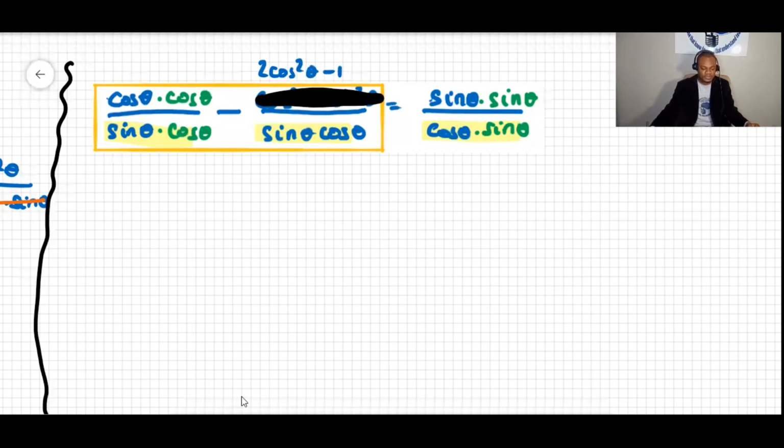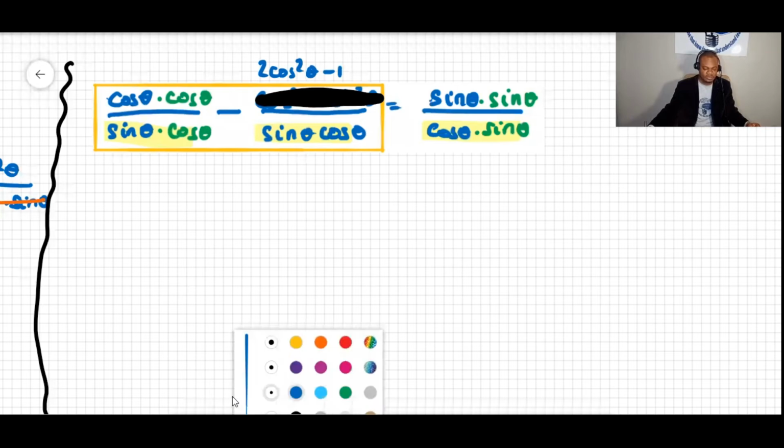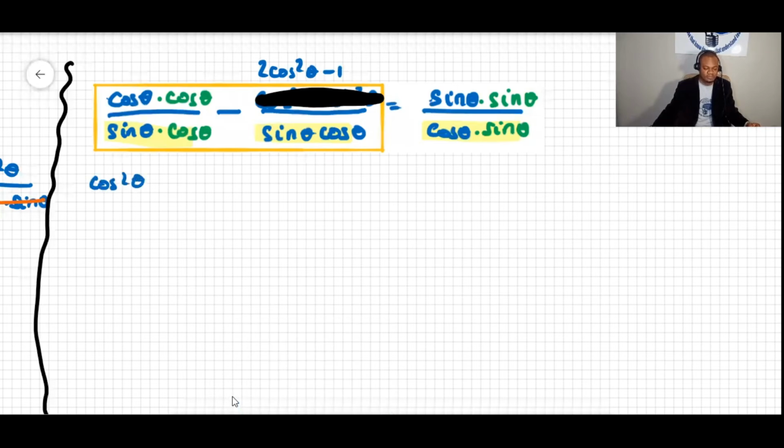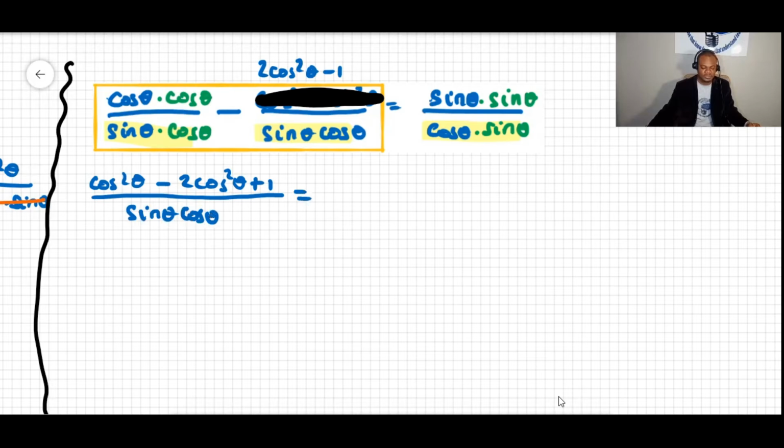Now, when we combine the fractions, we will have over here cos squared theta minus 2 cos squared theta minus 1 plus 1, because minus here and minus there will make positive, all over sin theta cos theta equal to sin squared theta over cos theta sin theta.